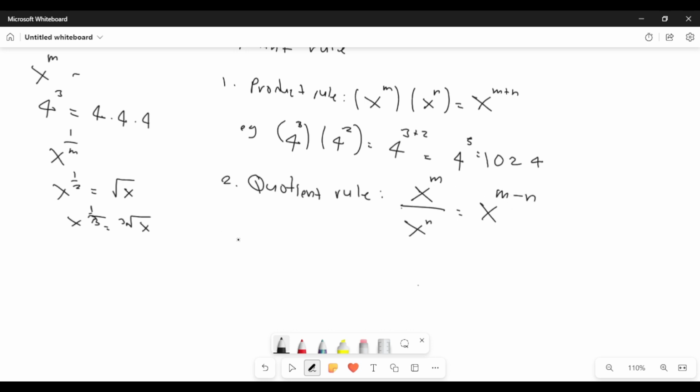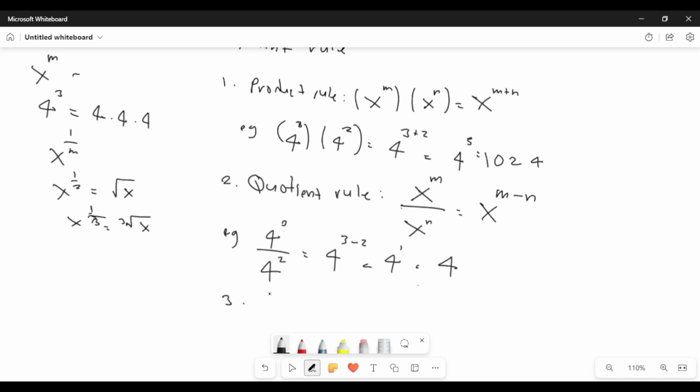For example, we have 4 to the power of 3 over 4 to the power of 2. Now what this really means is 4 to the power of 3 minus 2, that leaves us 4 to the power of 1. So 4 to the power of 1 is 4 times 1 time. Alright.